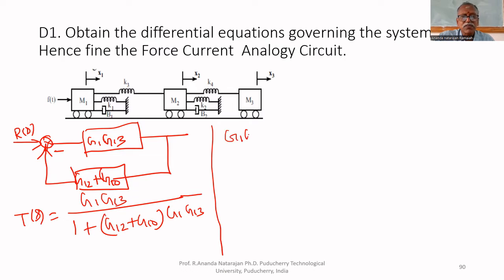For that, the first step is G1 G13 equal to, what is G13? G13 is G11 upon 1 minus G8 G11.